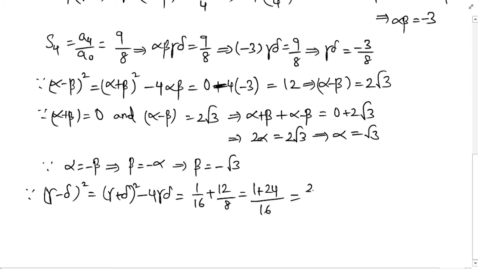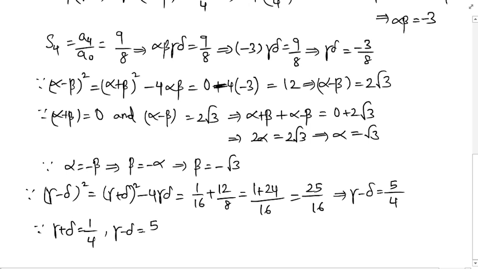This will be equal to 25 by 16. That implies gamma minus delta is equal to 5 by 4. Okay. So since gamma plus delta is equal to 1 by 4 and gamma minus delta is equal to 5 by 4, when we add these two, what do we get?